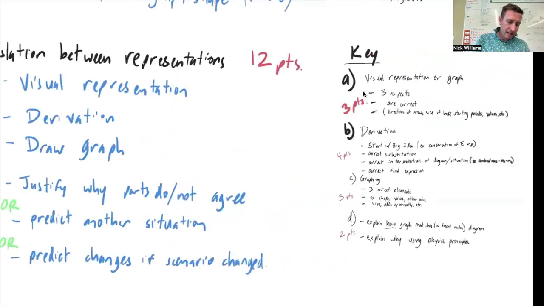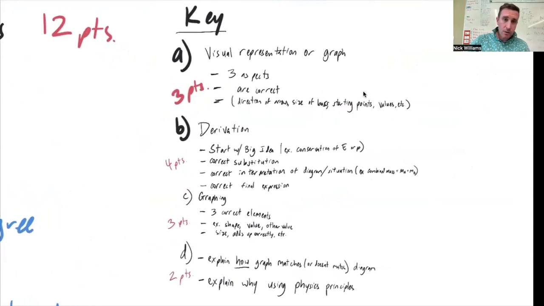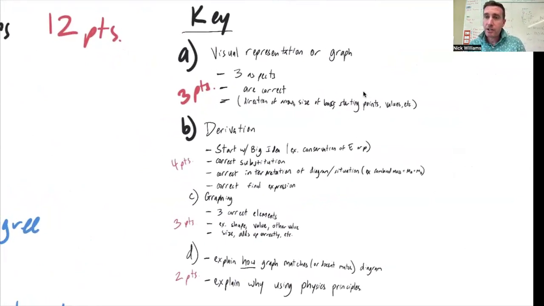In terms of the key and where the points are, this one is a 4-part question, A through D. In part A, it is usually going to be 3 points, and it's going to be about your visual representation or your graph. So this could be like a dot diagram or a motion diagram. It could be a graph, some way of representing the situation.